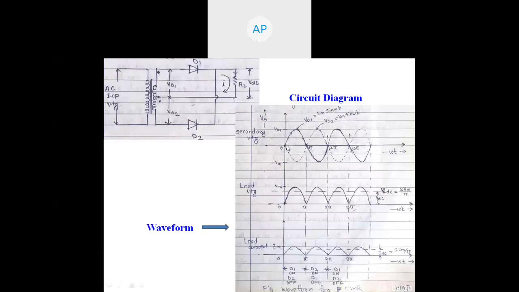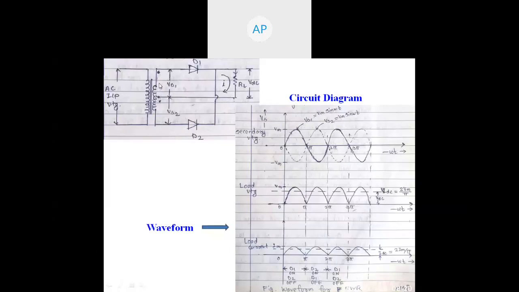So during this interval, the upper half of the transformer is positive and the lower half is negative. So here you will have the positive voltage at the upper end, and here a negative, and here you have the positive.